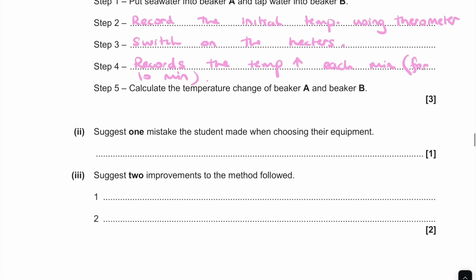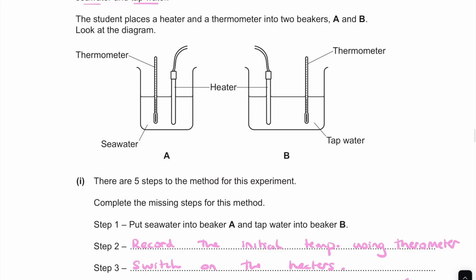Part II, suggest one mistake the student made when choosing their equipment. Couple of mistakes actually. Number one is that they're using two different sizes of beaker, so that means the amount might not be the same. And secondly, the heaters should be fully submerged.